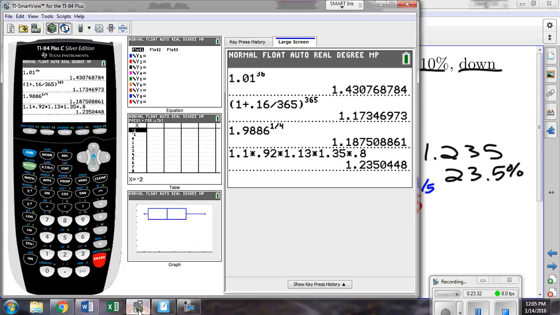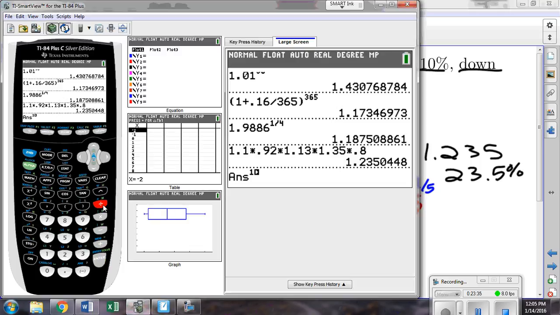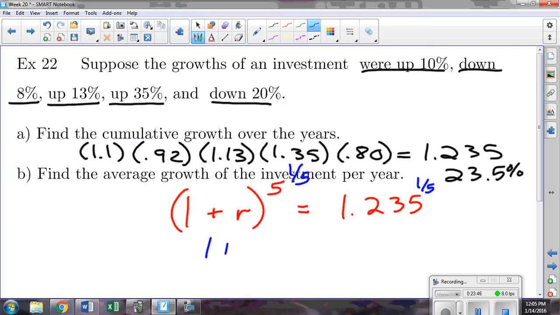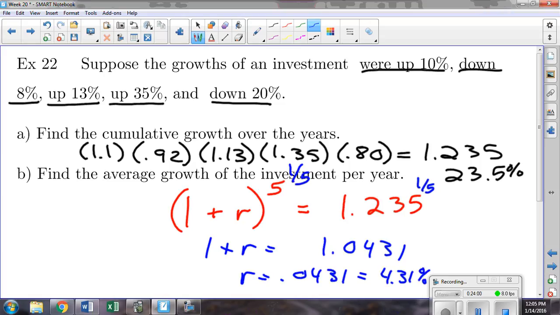And so going back to my calculator, take that to the 1/5 exponent, giving me 1.0431. So 1 plus r is equal to 1.0431. Thus, r is 0.0431, which is a 4.31% average rate. So you're earning 4.3%. Hopefully that's staying above the rate of inflation, so at least you don't lose buying power.